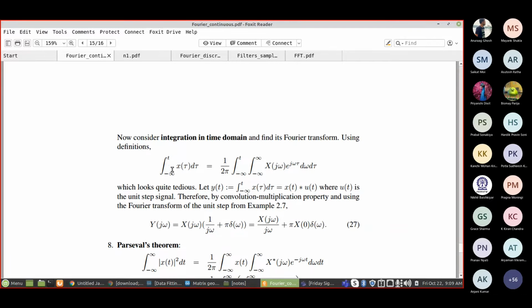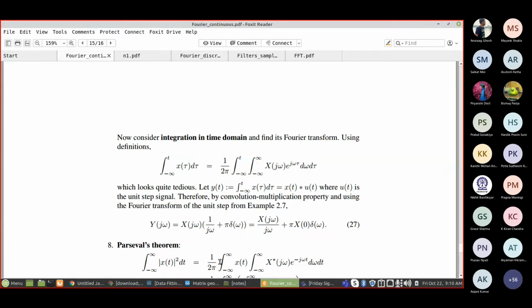So this can be represented as x(t) convolved with u(t). In the convolution integral, when you put u(t minus tau), your upper limit is going to get chopped off.